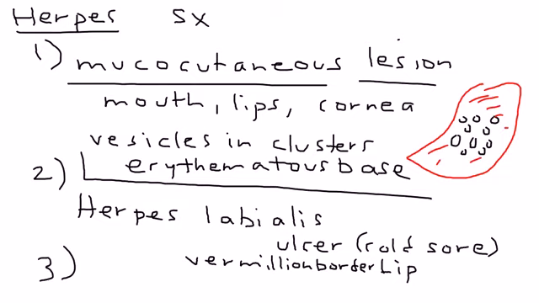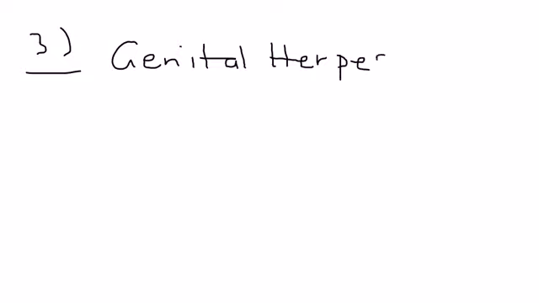And the last one, which I don't have enough space for, is the most common one, genital herpes. And that is by far the most common, in fact the most common ulcerative sexually transmitted disease in the world.